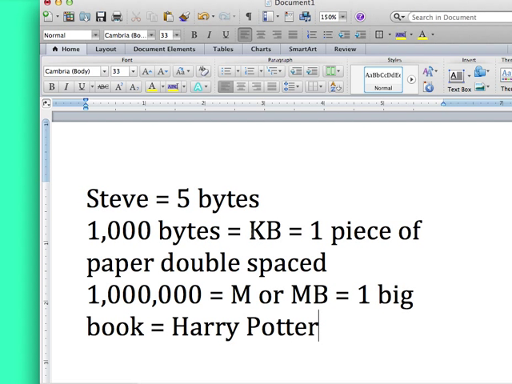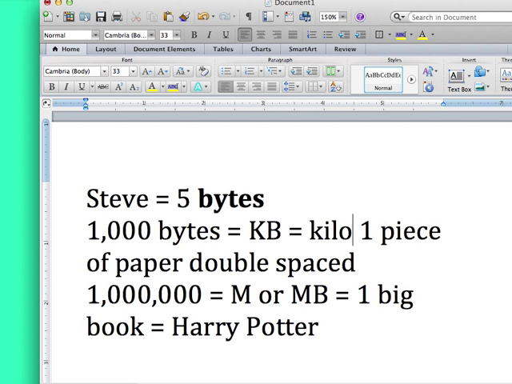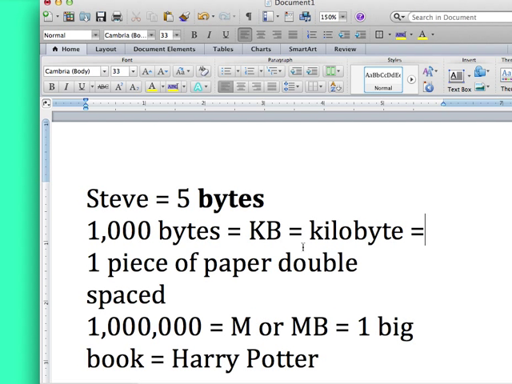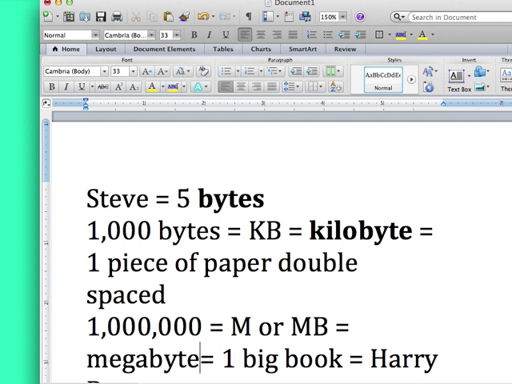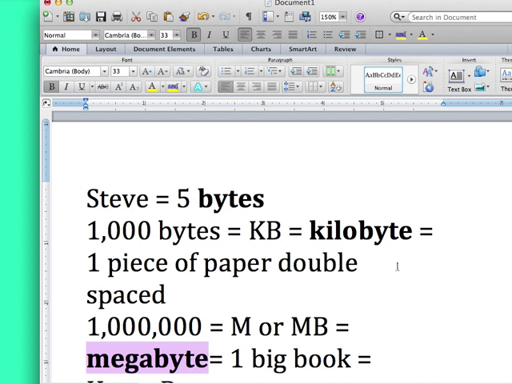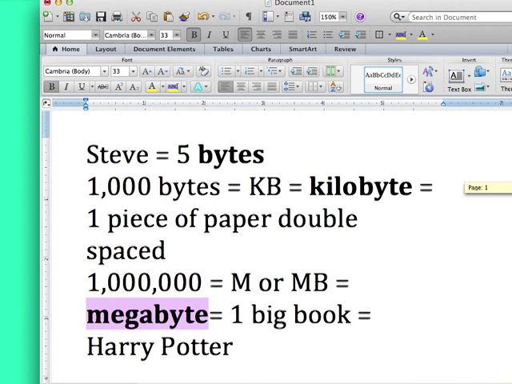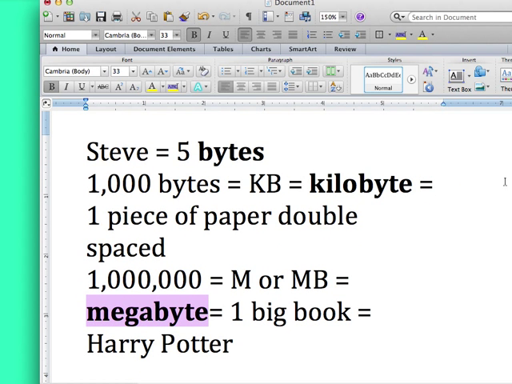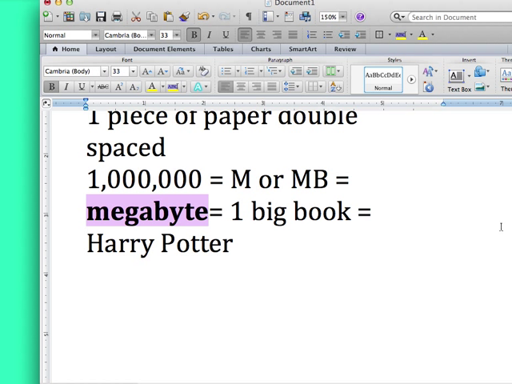So we have byte, we have the word kilobyte, I'll spell that for you, and the word kilobyte is 1,000, and we have the word megabyte, which is 1 million. None of those words were mentioned when we were looking at the iPad, because the iPad deals with gigabytes. A gigabyte is 1 billion bytes.